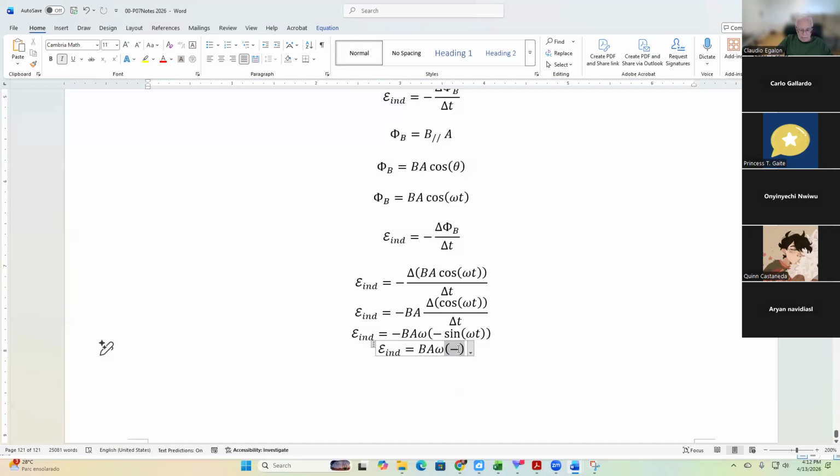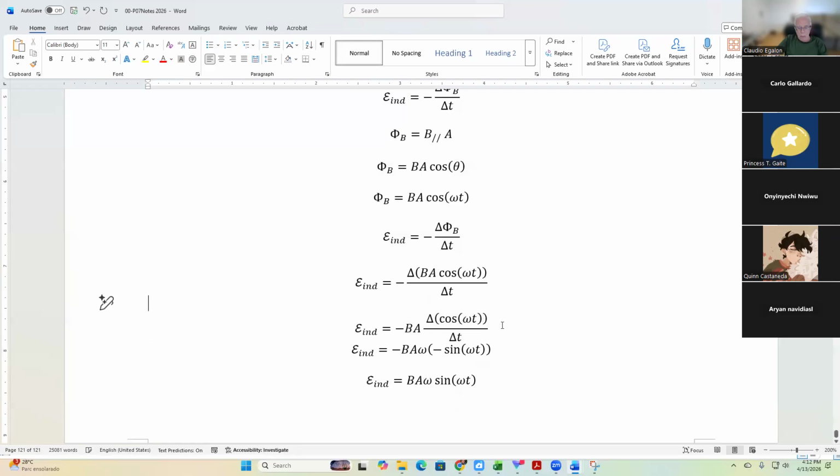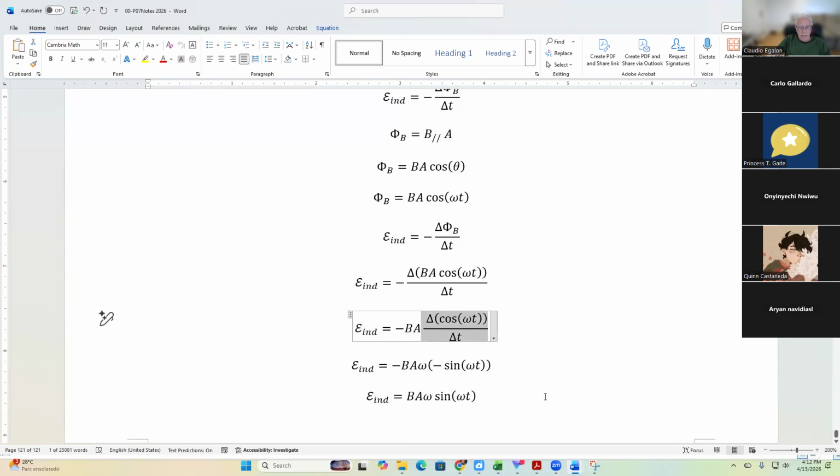If you haven't, I need you to memorize this result: the change of cosine of omega t over the change in t is in reality minus omega sine of omega t.